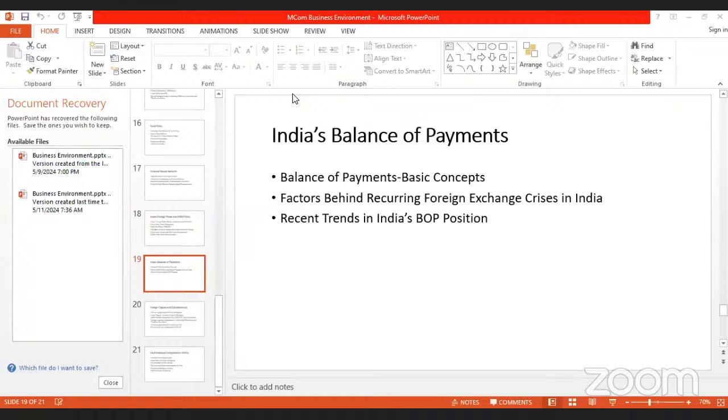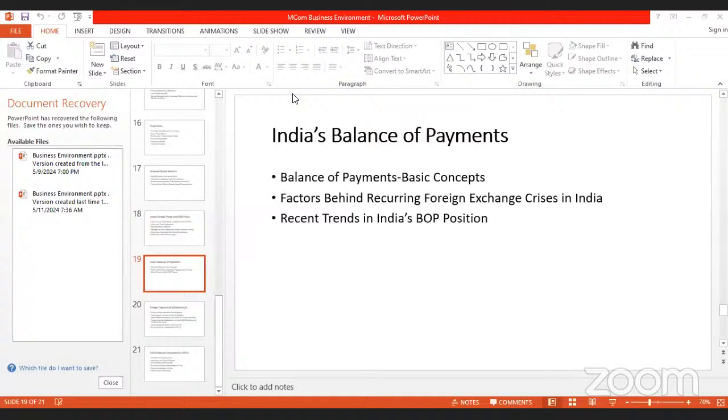India is heavily dependent on imported crude oil, making its import bill vulnerable to global price fluctuations. And on gold imports as well, the high demand for gold in India often leads to a substantial outflow of foreign exchange. So that is the concept of high import bills under oil imports and gold imports.